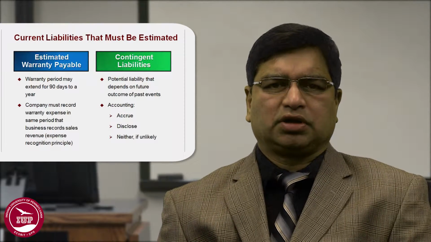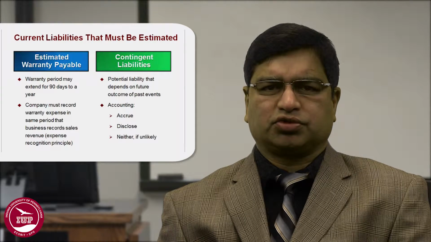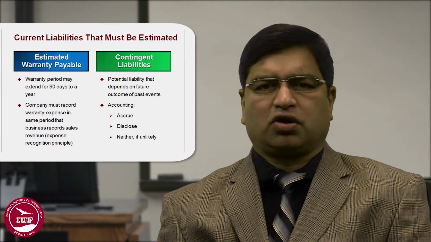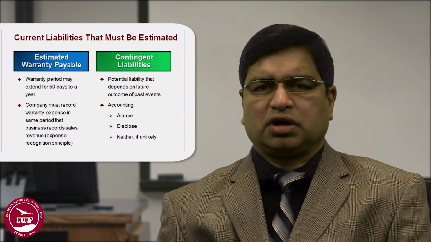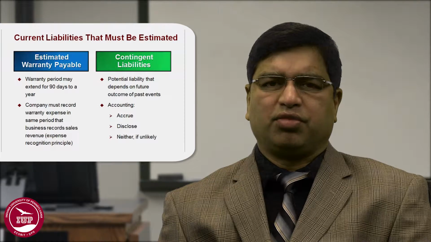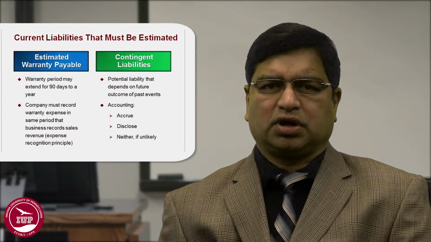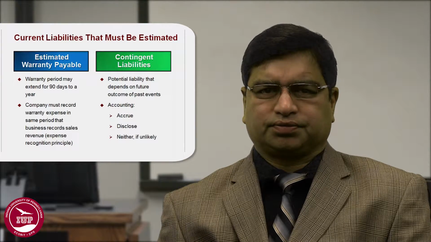Contingent liability is a potential liability that depends on future outcomes. For example, a lawsuit might come against a company, and the results or the losses are based upon the outcome of the event.